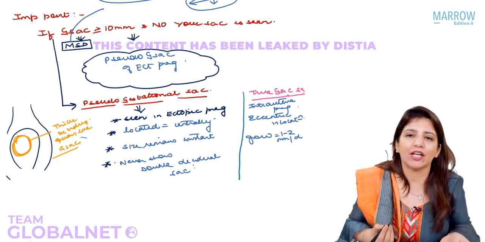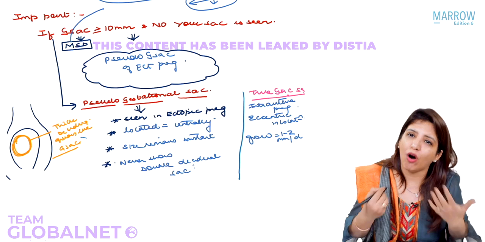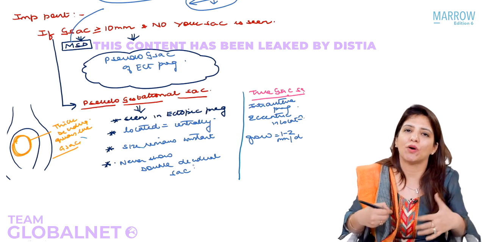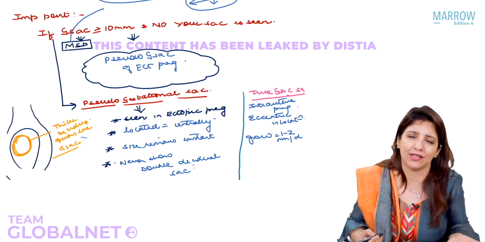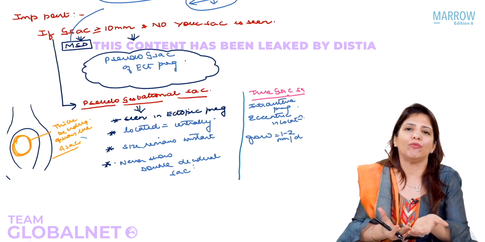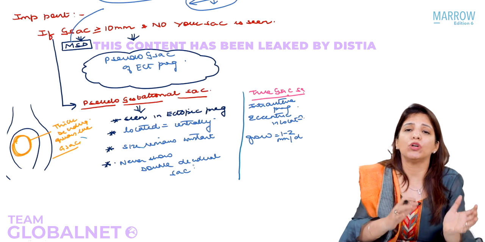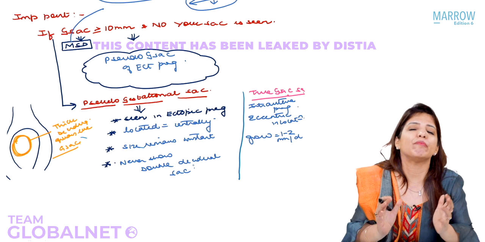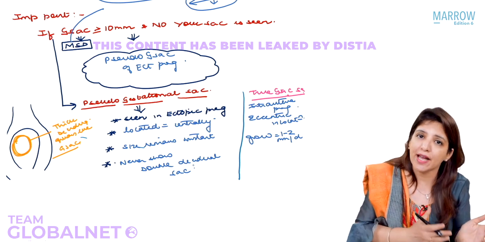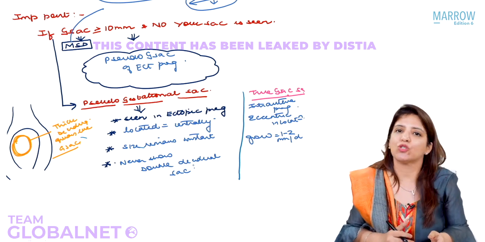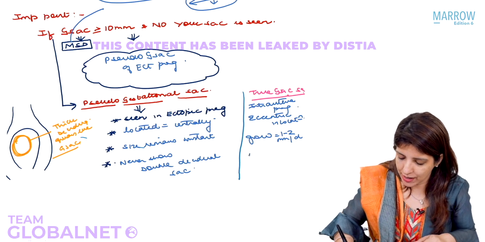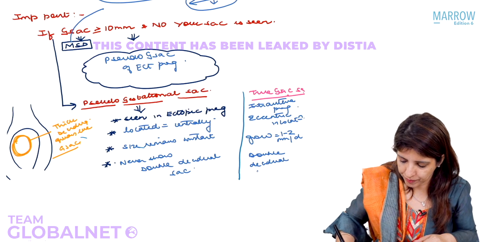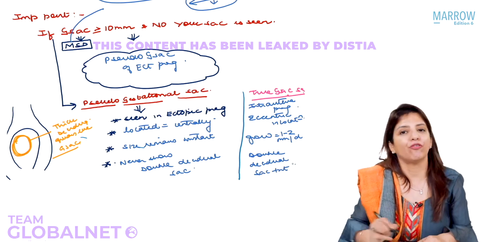So if implantation is not happening in the uterus, obviously there won't be any decidua capsularis, any decidua parietalis, any decidua basalis. The entire endometrium will be called decidua, but there won't be any subdivision. And if there won't be any subdivision, there won't be any double decidual sac sign. Whereas in case of true gestational sac, double decidual sac sign is present. Clear to all of you?